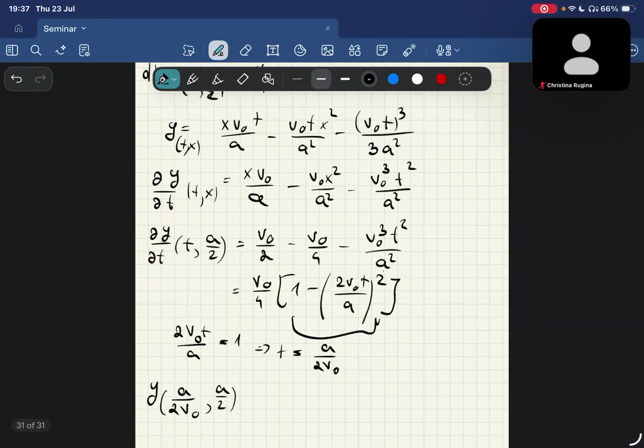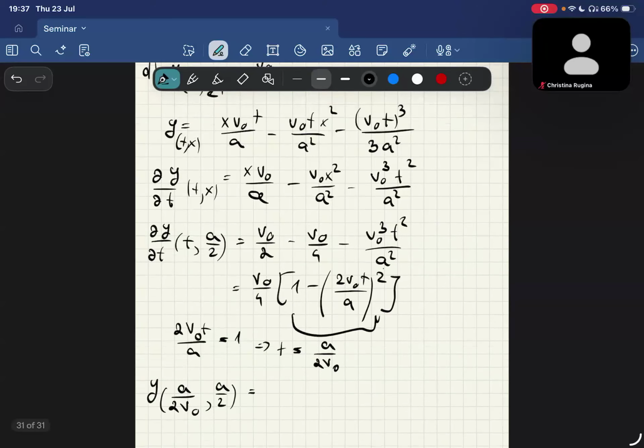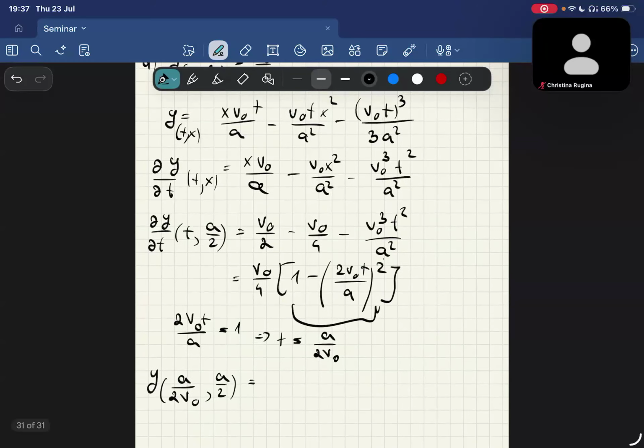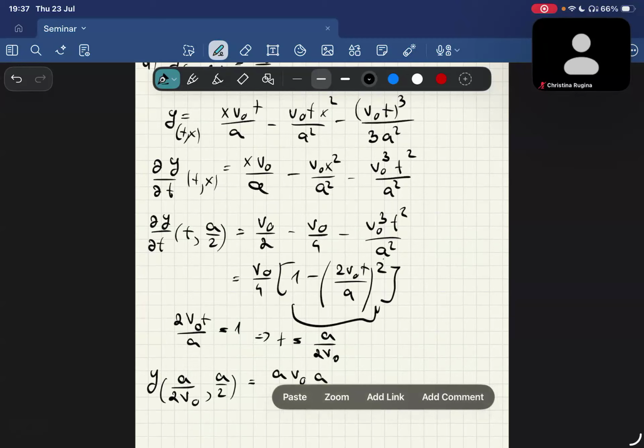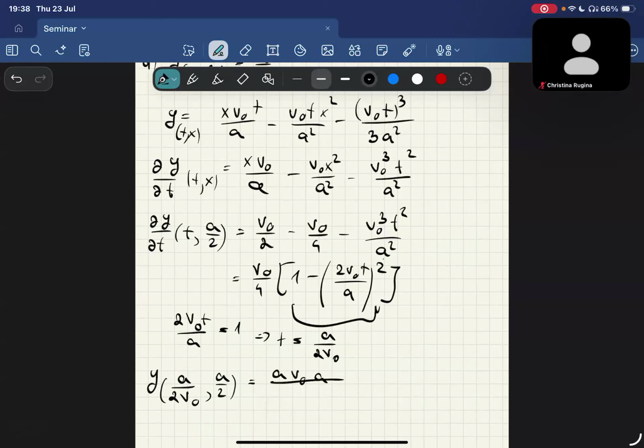Setting it into the function, we get a v0 a over 2 v0 a 2, which is just a squared over 4.